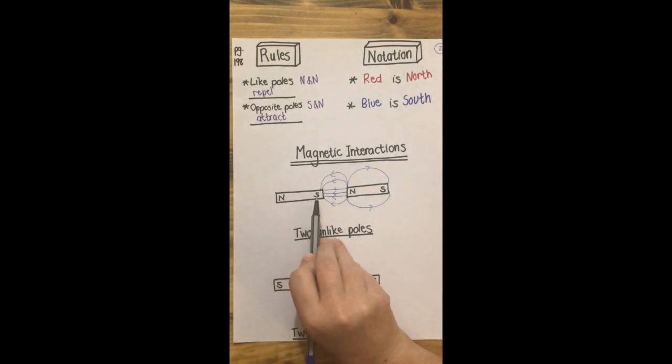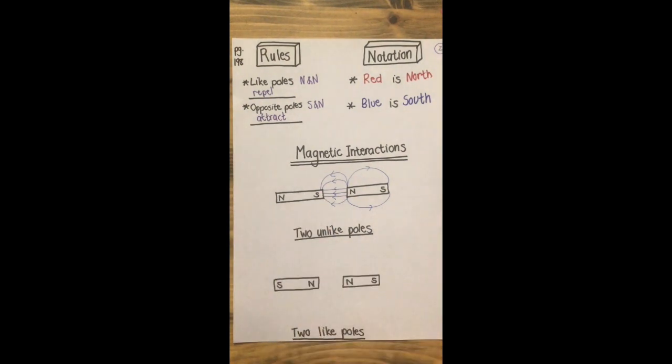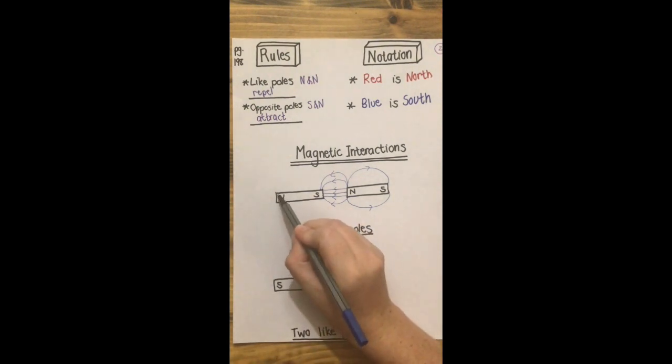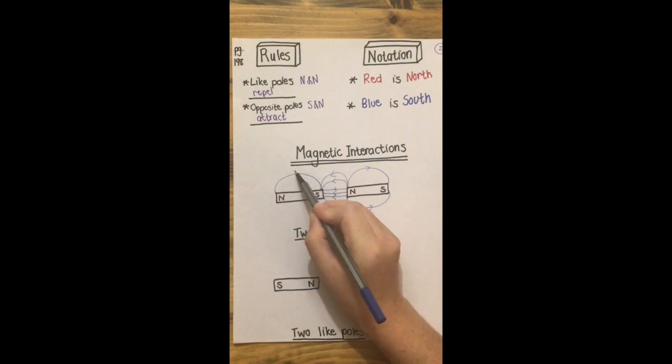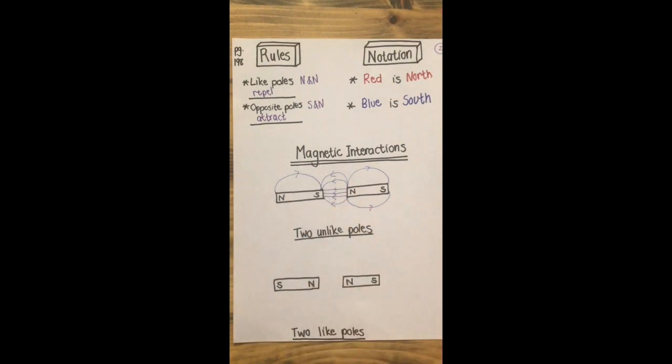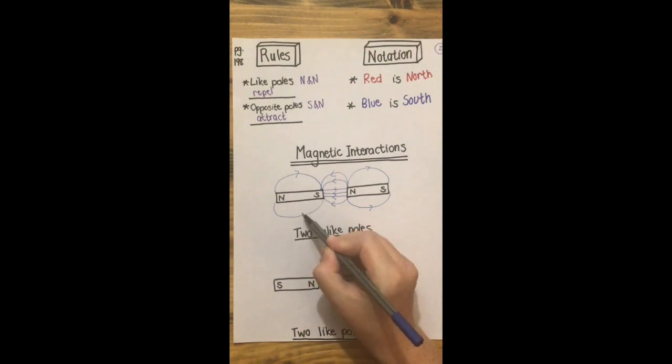Likewise, over here, we know that the south end is attracted to the north. However, we do not say that the south goes up and the arrow points that way. That would be incorrect. We know that magnetic fields go from north to south. And likewise, this end is attracted from north to south.